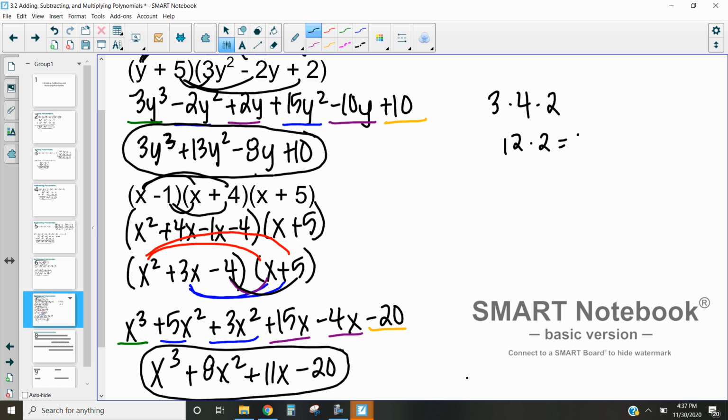We do 12 times 2 equals 24, or we do 3 times 8 equals 24, or we can even do 6 times 4 equals 24. It doesn't matter how we multiply those, but we have to multiply 2 of them before we multiply it times that third one. We have to multiply out piece by piece. So keep that in mind as you're looking at these.